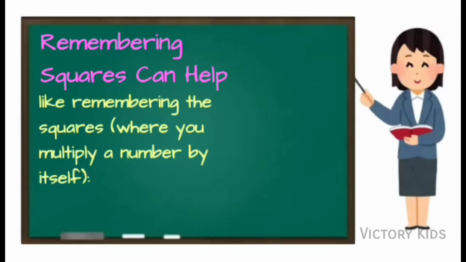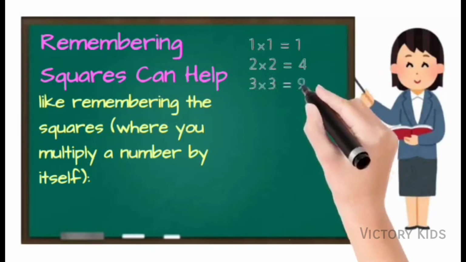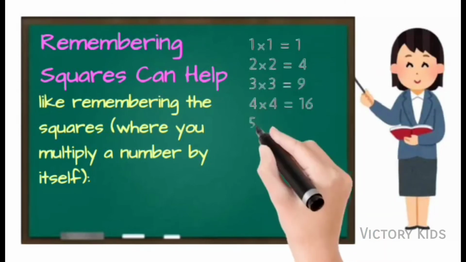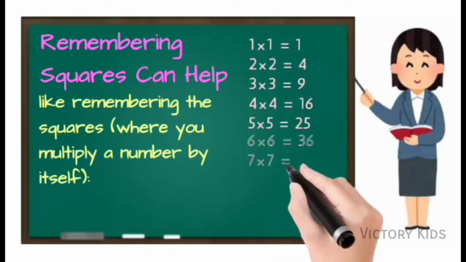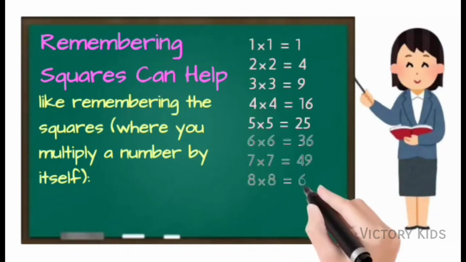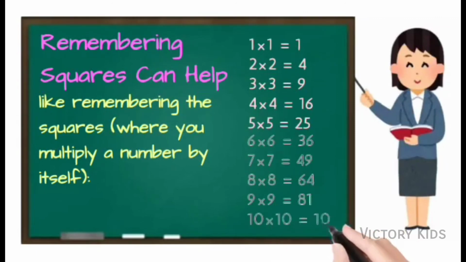That is, 1 times 1 equals 1, 2 times 2 equals 4, 3 times 3 equals 9, 4 times 4 equals 16, 5 times 5 equals 25, 6 times 6 equals 36, 7 times 7 equals 49, 8 times 8 equals 64, 9 times 9 equals 81, 10 times 10 equals 100.